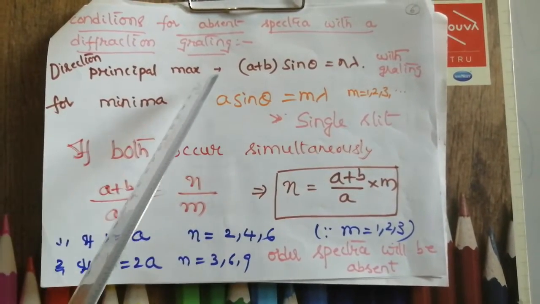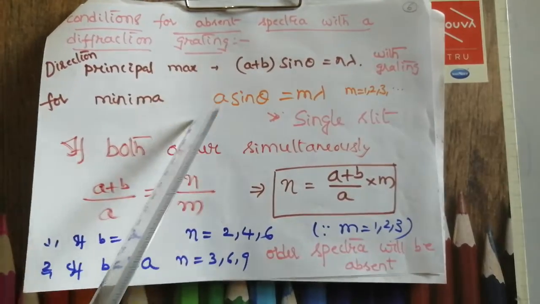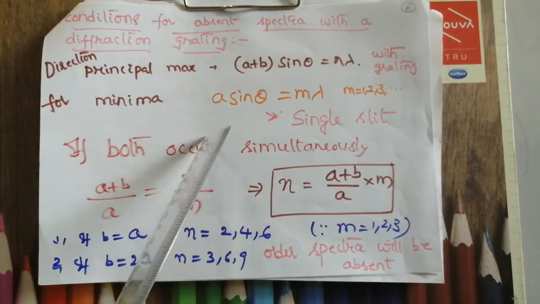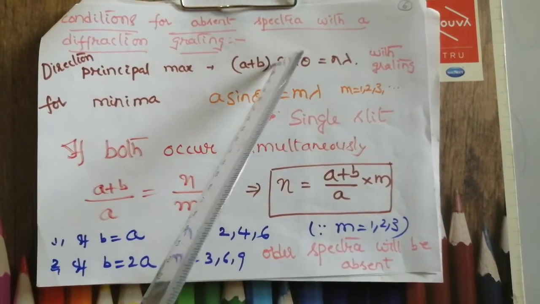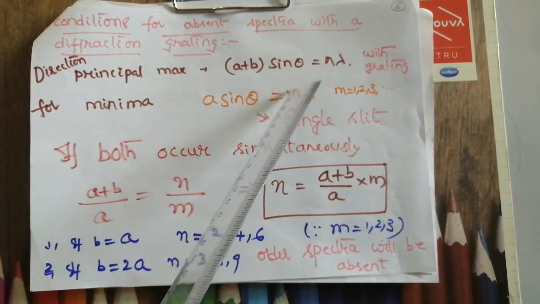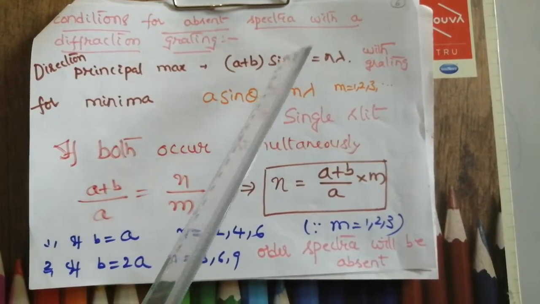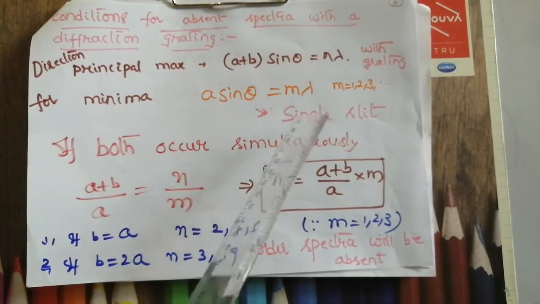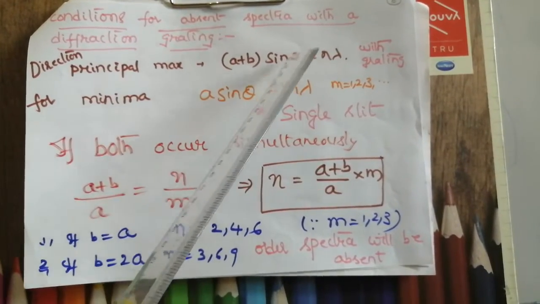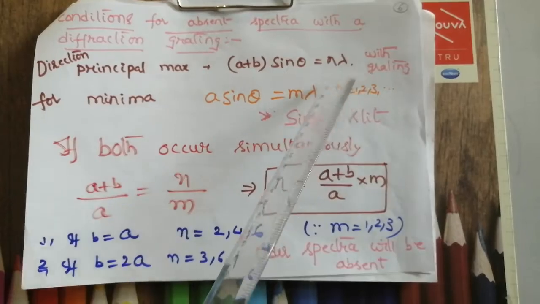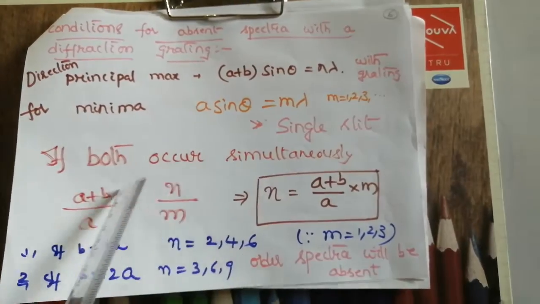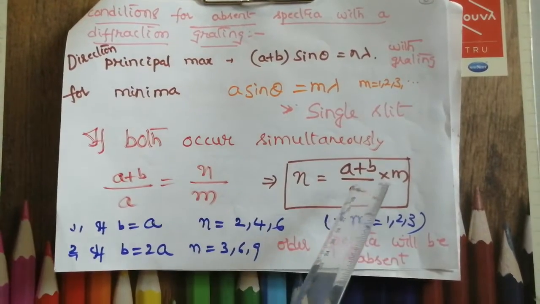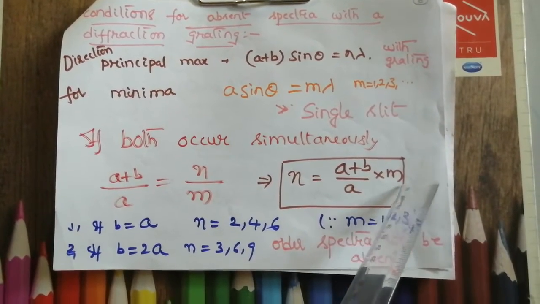So if the principal maxima of the interference curve and the minima of the diffraction curve occur simultaneously at the same theta, then sin theta is the same in the two equations. If you divide these two equations, sin theta cancels, and lambda cancels. So (a plus b) by a equal to n by m. So n equal to (a plus b) by a into m.